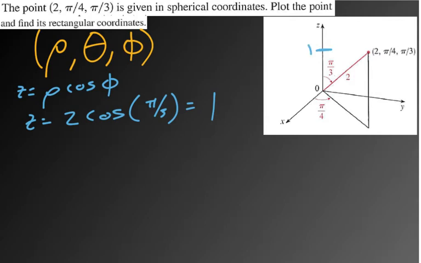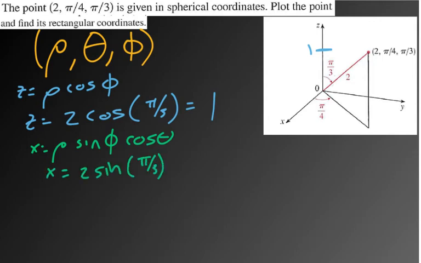Then we've got that x is rho sine phi cos theta. So x is 2 sine pi over 3 cos pi over 4. And if you do all that out, you get the square root of 3/2, which sure seems reasonable for, I'm going to say it's right there, square root of 3/2 for that one.